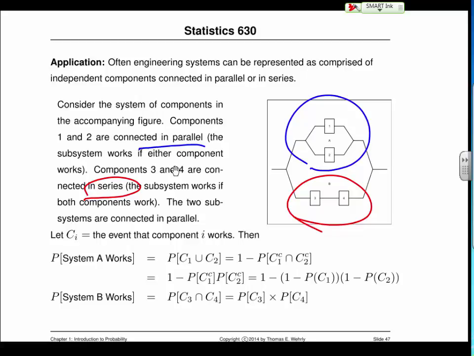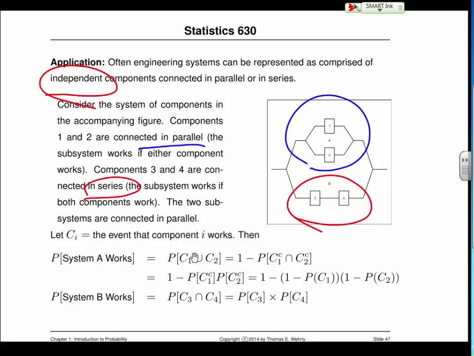Now typically we assume that components are independent to do the calculation. If they're not independent, then you have to do the calculations of intersections using conditional probabilities. But we'll make the assumption these components are independent of each other. So it's easier to find the probability of the intersection.